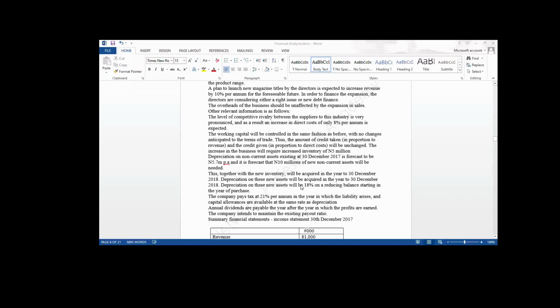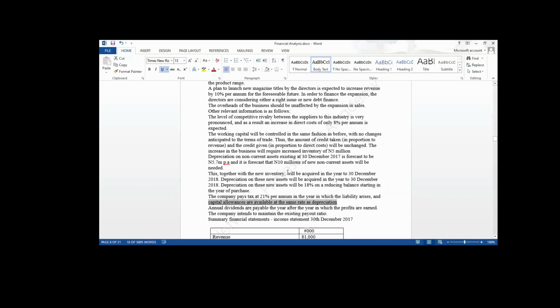That is actual year basis. Capital allowances are available at the same rate as depreciation. Please note that capital allowance is the same as accounting depreciation.